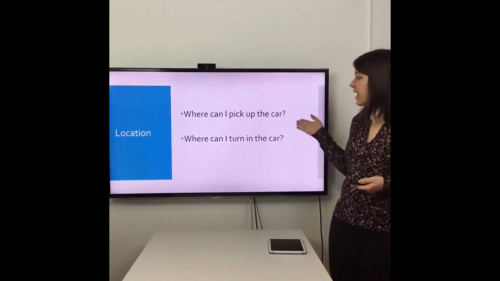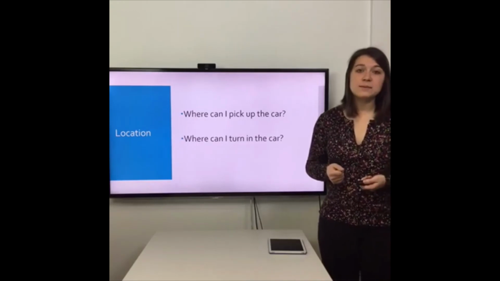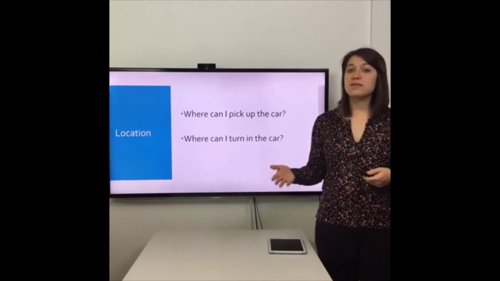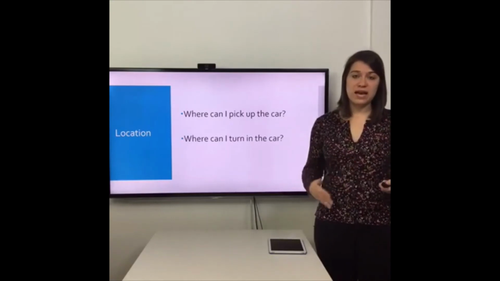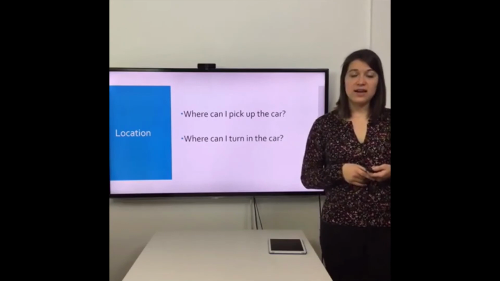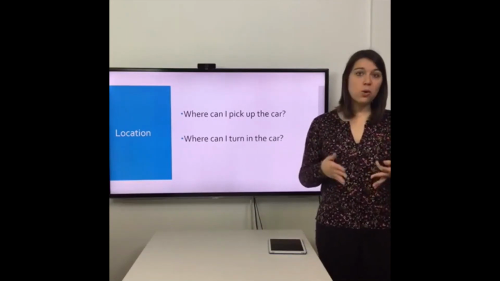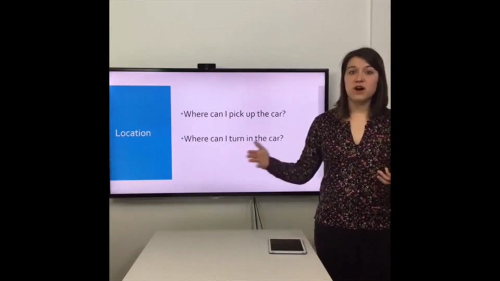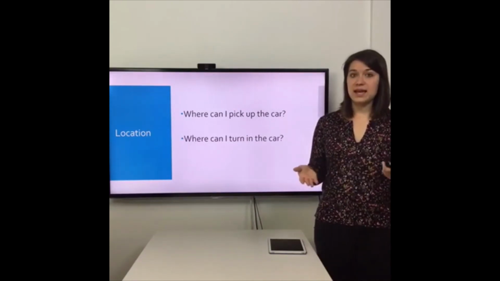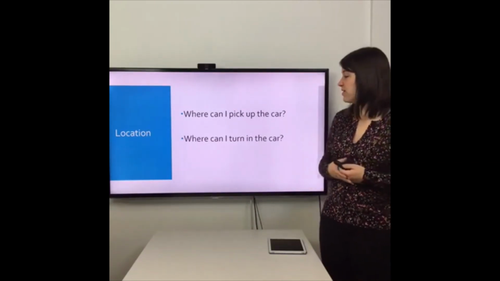So where can I pick up the car? Many times it's common to pick up the car at the airport, or there are other locations around town you may need to go. And where can I turn in the car? Is it the same location, or can I turn the car in another city? This depends on the company and the kind of rental that you have.